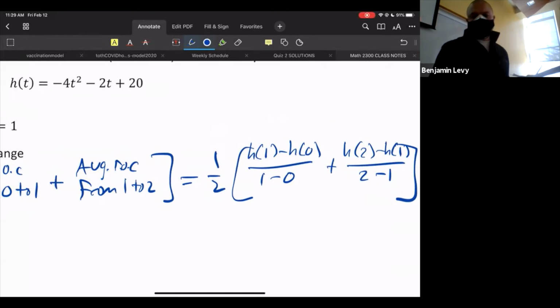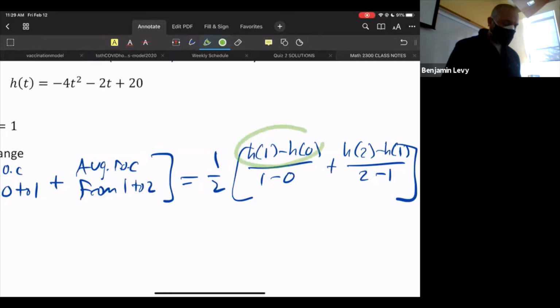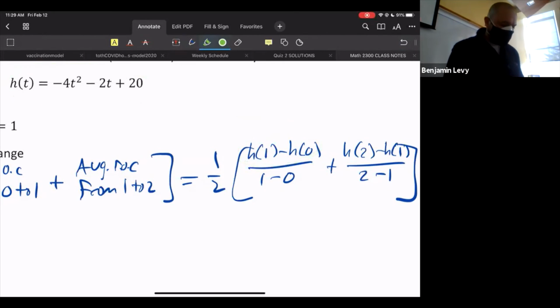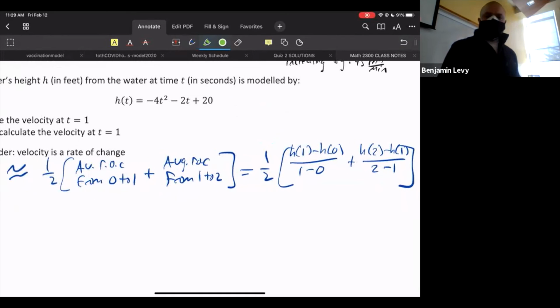These values I'm showing, h of 1 minus h of 0 over 1 minus 0, right? This is the average rate of change from 0 to 1, and then from 1 to 2. We need to use this function to plug them in, right? h of 1 is plugging a 1 in, h of 0 is plugging a 0 in, h of 2 is plugging a 2 in. And we just get numbers out, and it falls out kind of easily. I assume that's okay?